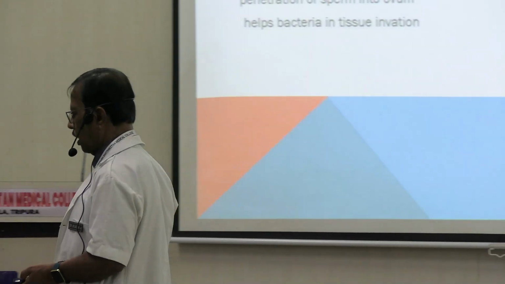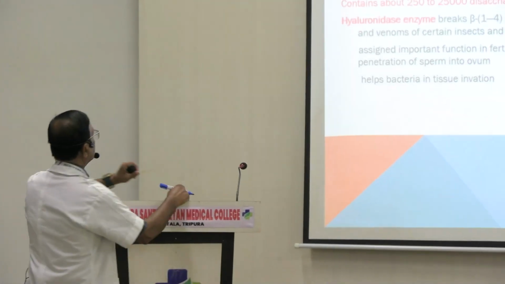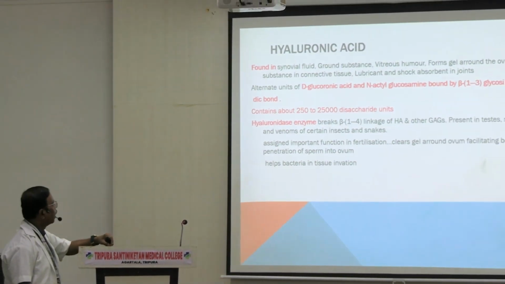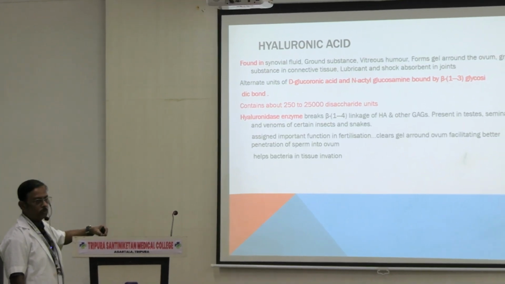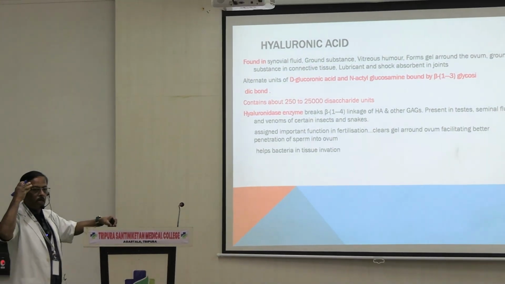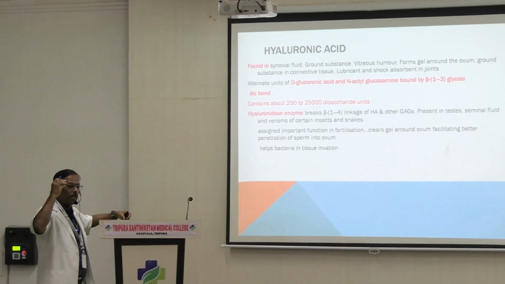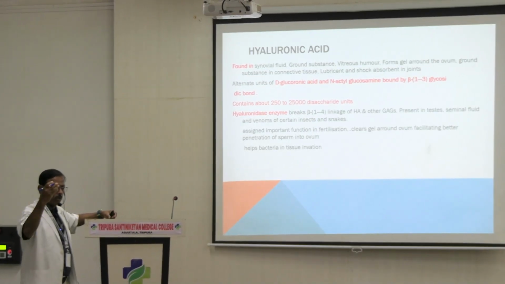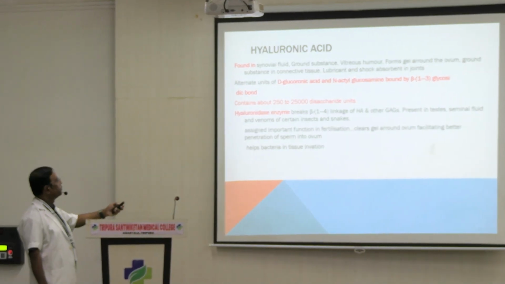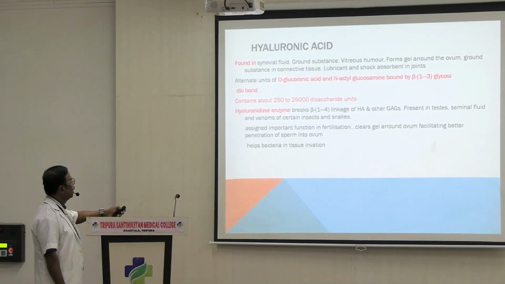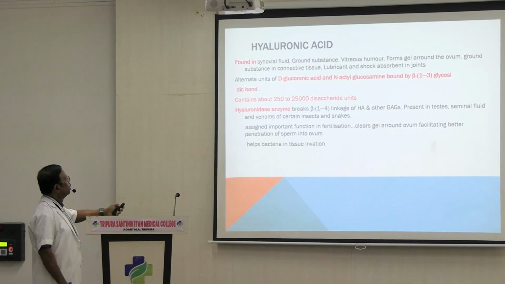Now hyaluronic acid is found in synovial fluid, ground substance and vitreous humor. Vitreous humor you know already, it is the jelly-like material in the posterior chamber of the eyeball.